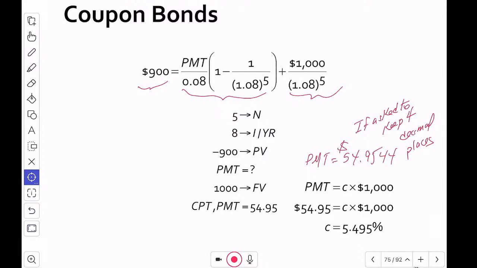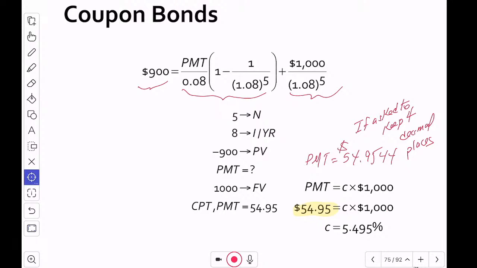Now, $54.95 is the payment. The payment is derived from C times 1,000.